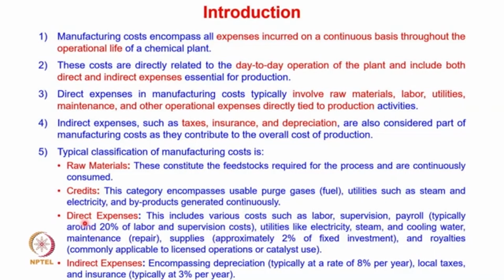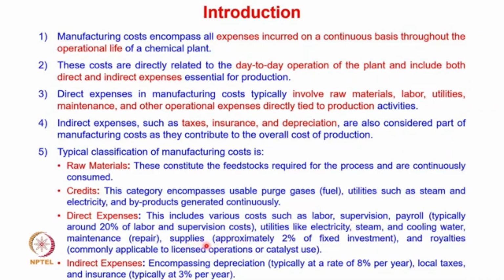Then the next classification is the direct expenses. Direct expenses include various costs such as labor, supervision, and payroll. Typically the payroll is taken as around 20% of the labor and supervision cost. Then the utilities like electricity, steam, cooling water, and maintenance.